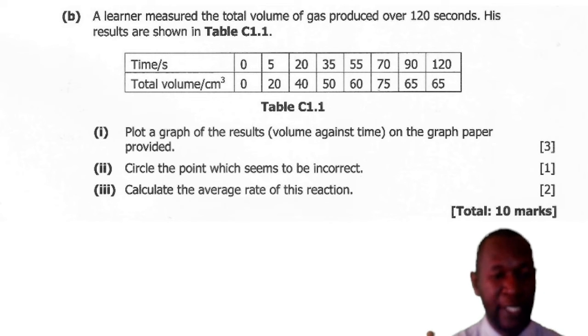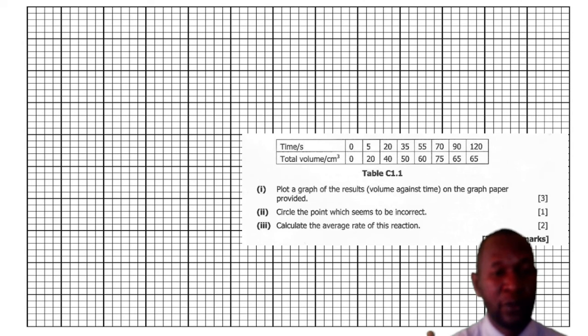Part 3. Calculate the average rate of this reaction. We'll start with part 1, which is to plot the graph of volume against time. First we write the title of the graph. Here our title will be graph of volume against time.